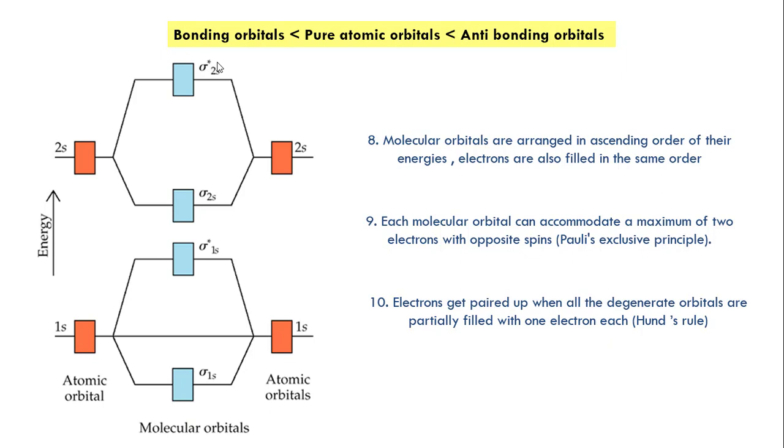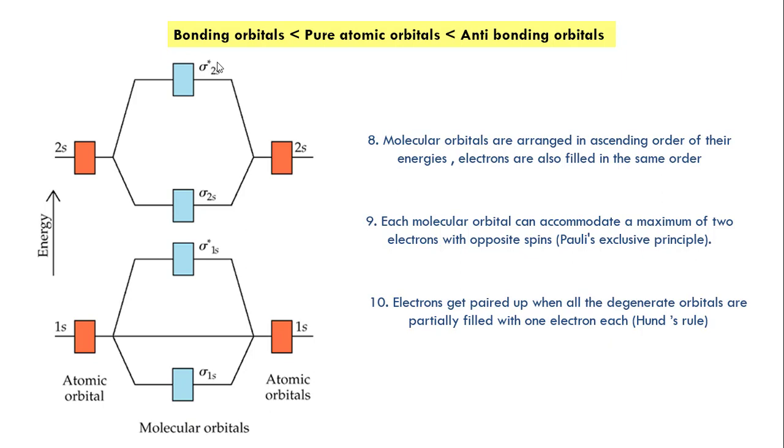So in the molecular orbitals also we have to follow the same rules like Pauli's exclusion principle, Hund's rule, etc. And we have to fill the electrons here, and while filling the electrons, the electronic configuration also we have to write. That is a very important part in the molecular orbital theory.